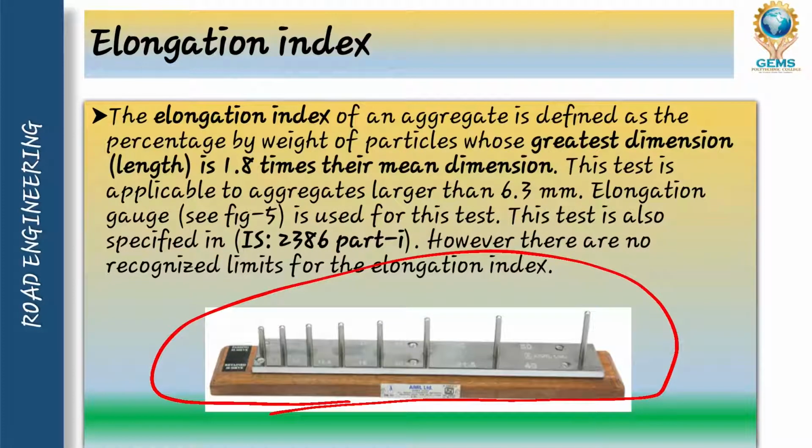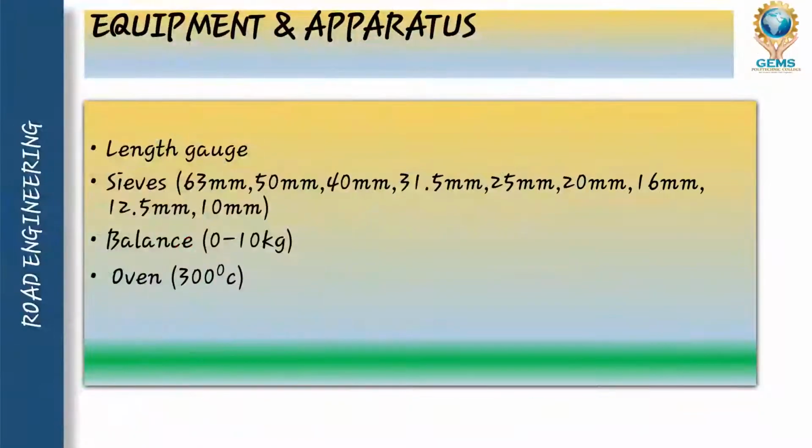From that, the flakiness and elongation tests of shape were determined. Let us see in detail about elongation index. The equipment and apparatus used are the length gauge, sieve, balance, and oven.